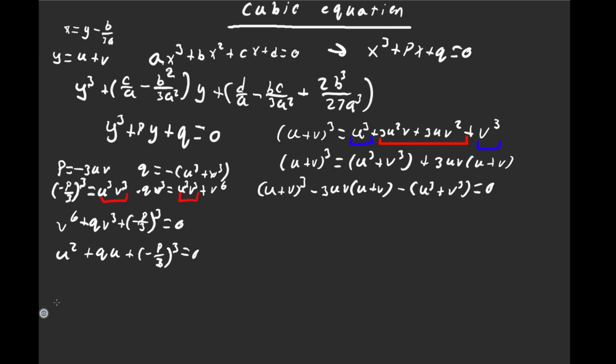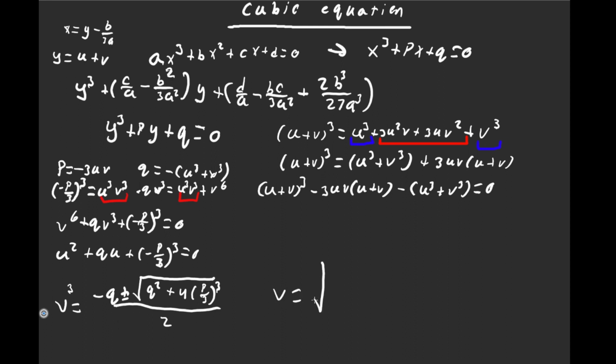So we will just write it in terms of v cubed, which is equal to minus q plus or minus the square root of q squared, plus 4 times p over 3 cubed, all over 2a, or 2 by itself.